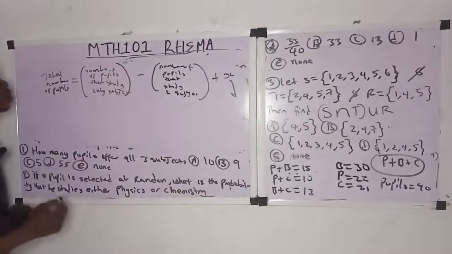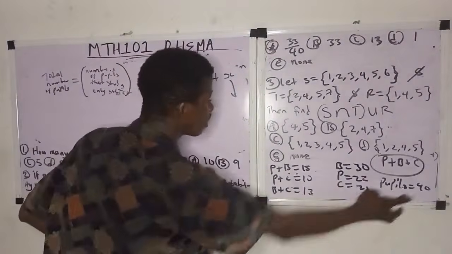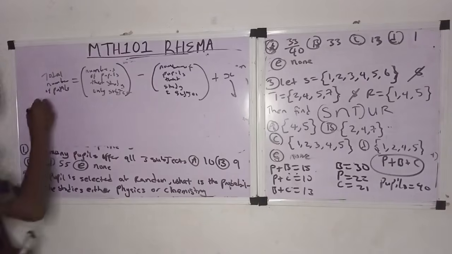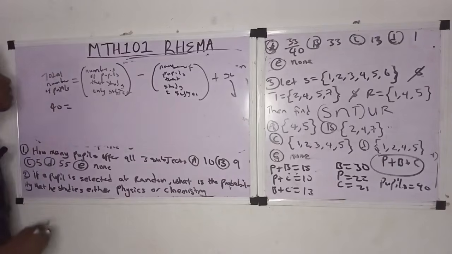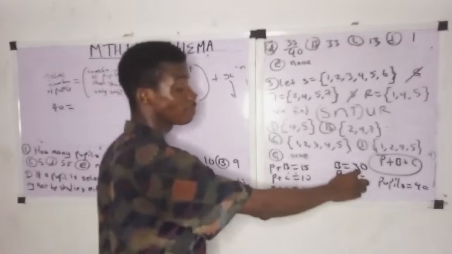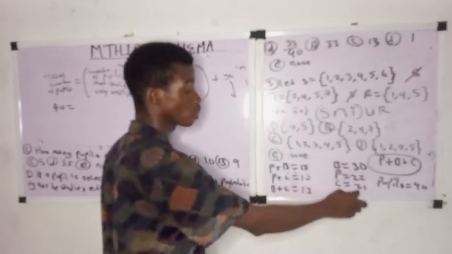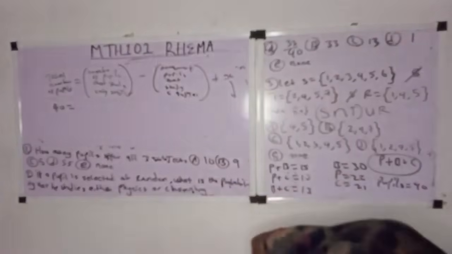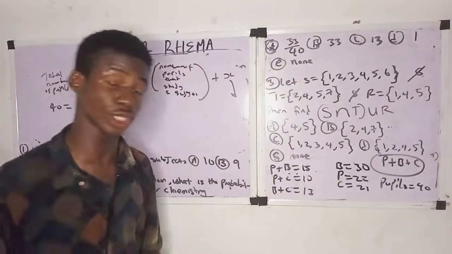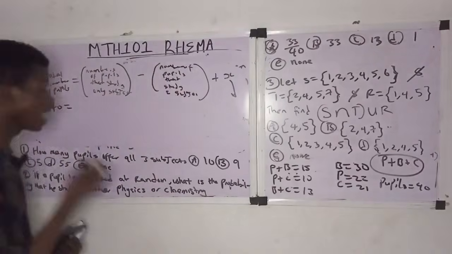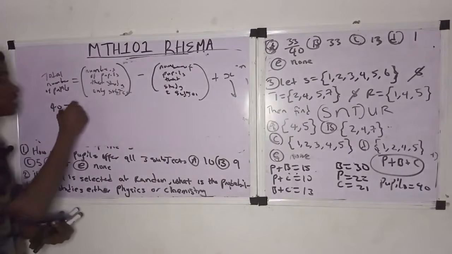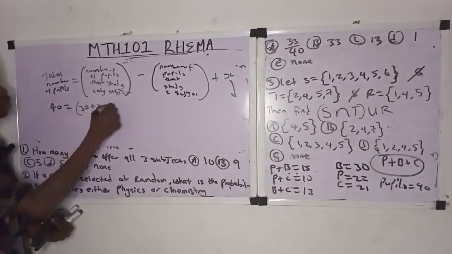We don't know x. The total number of pupils is 40. For the pupils that study only one subject, it is 30 plus 22 plus 21: biology 30, physics 22, chemistry 21.